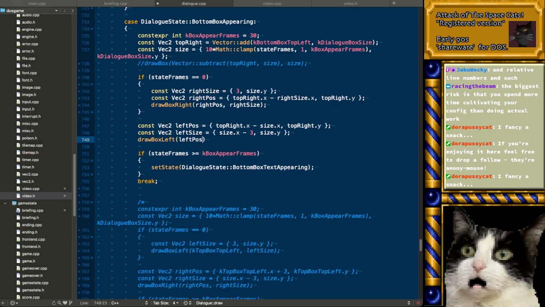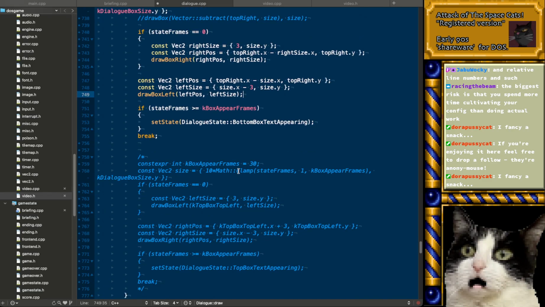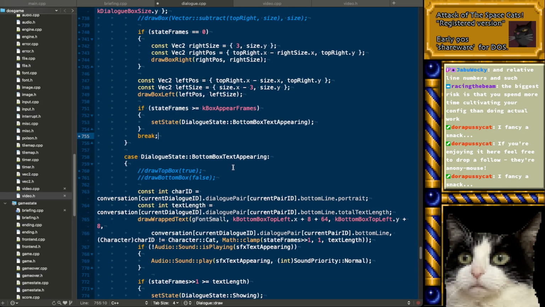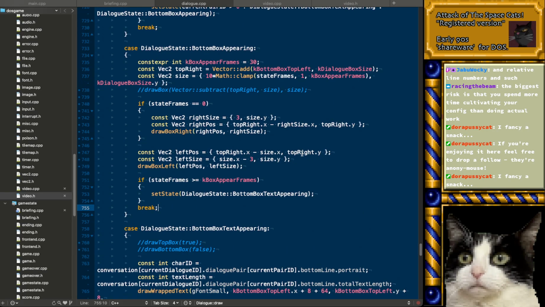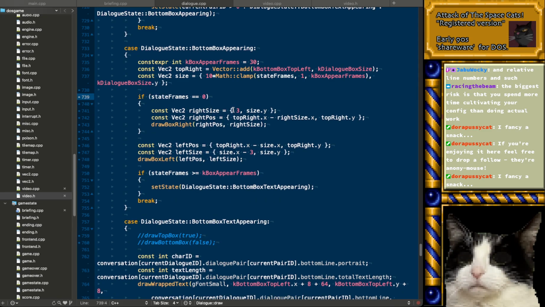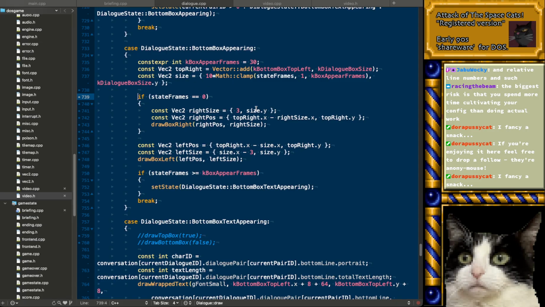Okay. We have false no sense. And then we're done. Go to the next stage. Well, okay. Looks about right. Do we need any of these values? Probably fine.